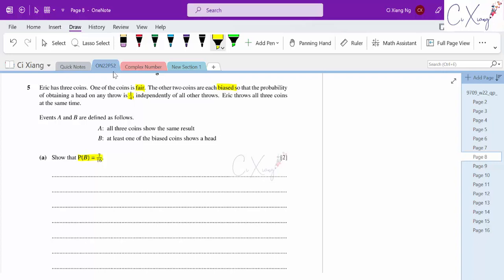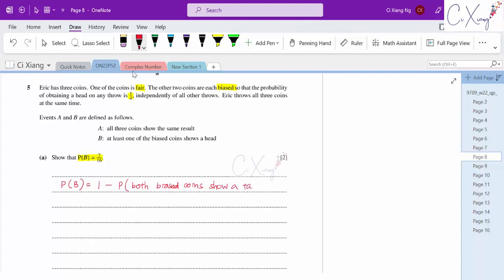Okay, so how are we going to show this? They are saying that at least one of the biased coins shows a head. So it can be one biased coin shows heads or both biased coins show heads. So to calculate this in an easier way, maybe we can take the opposite way, where we take the total probability 1 minus the case where both biased coins show tails.